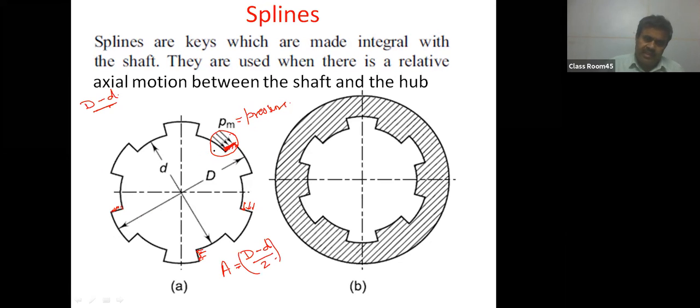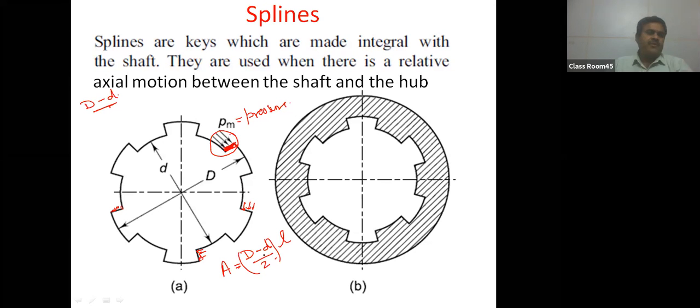This is one portion. So only this portion is D minus d by 2, multiplied by the length of the shaft. So this is the area which is in contact with the shaft and the hub at one spline.